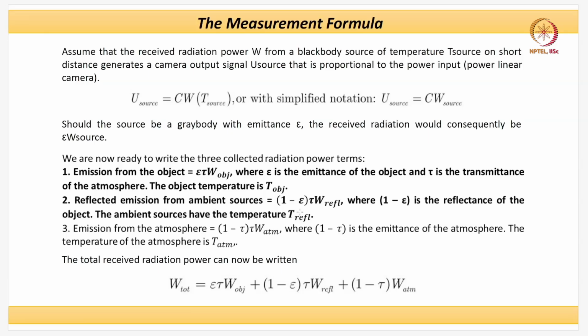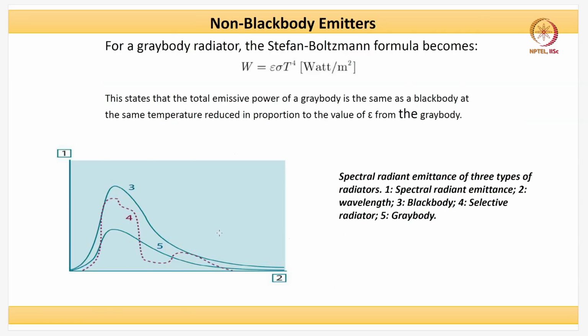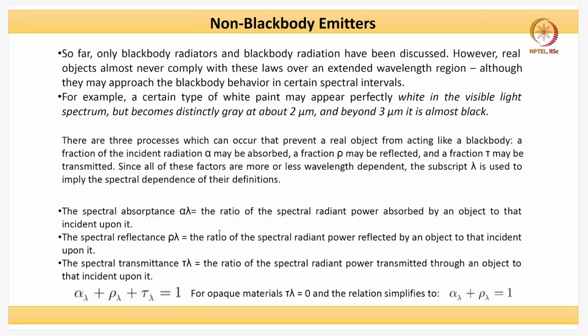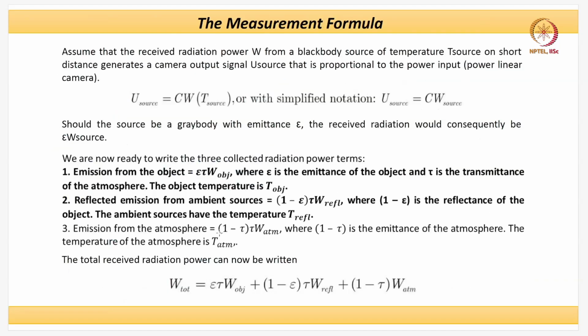The ambient sources can have a temperature of T reflection. Now, the emission from the atmosphere itself matters. So 1 minus tau is the emittance of the atmosphere. The atmosphere temperature, let's say, is T atmosphere. So you can see that all these things are now taken into consideration.